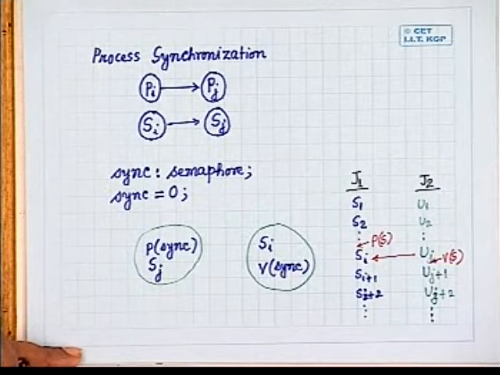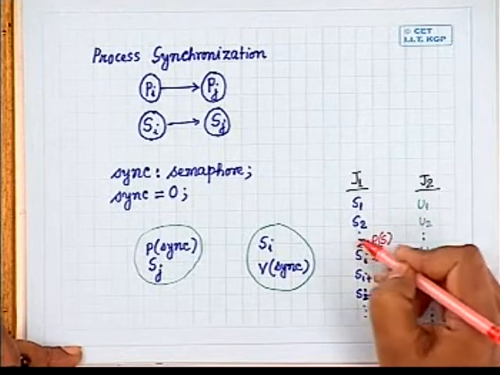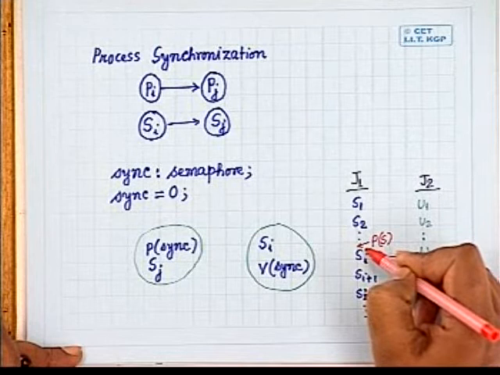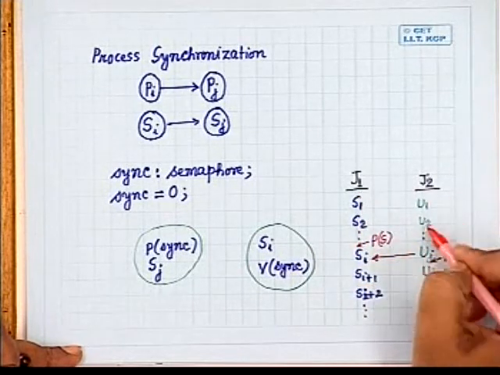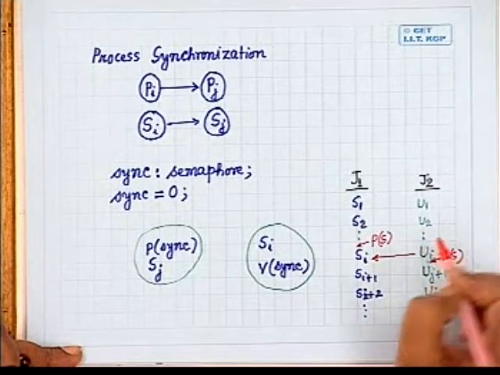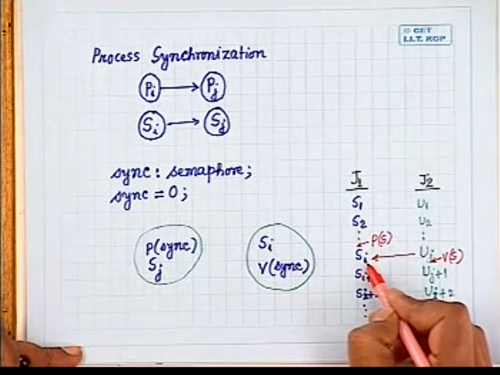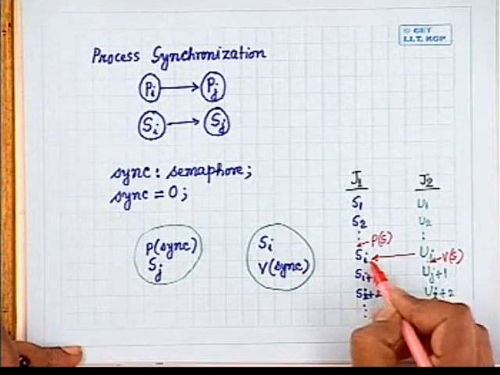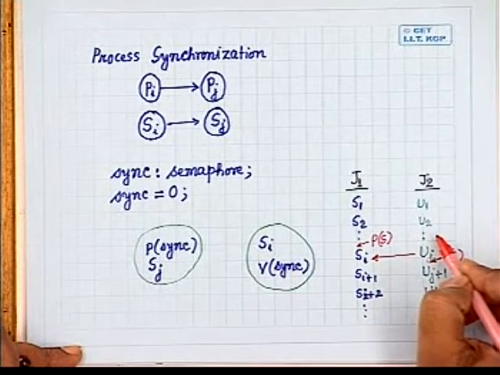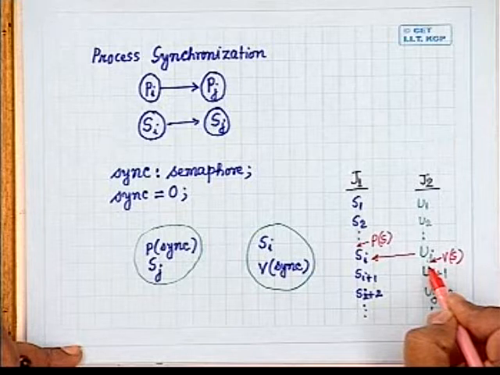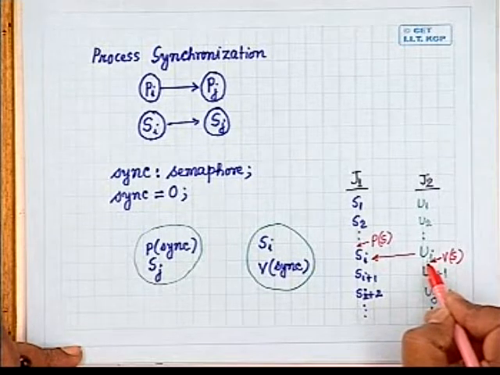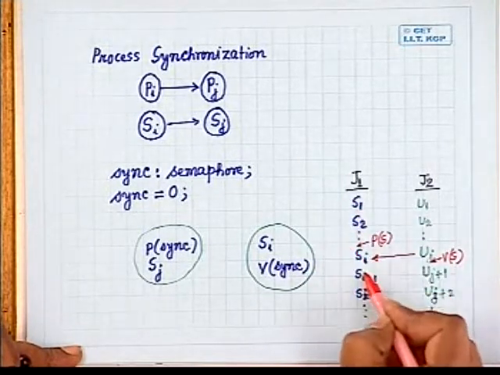Okay, so this ensures that up to Si minus 1, the process J1 can work concurrently with J2. But when it comes to statement Si, it has to wait for process J2 to complete up to statement Uj. Okay. So after Uj of this is complete, then J1 gets the input.